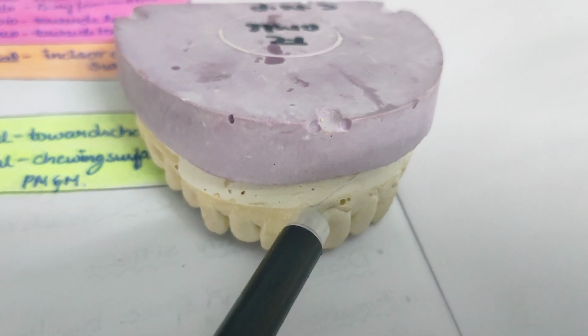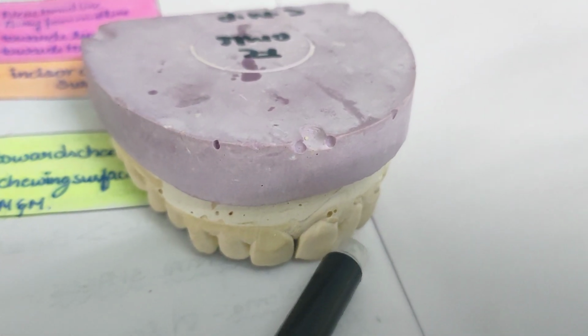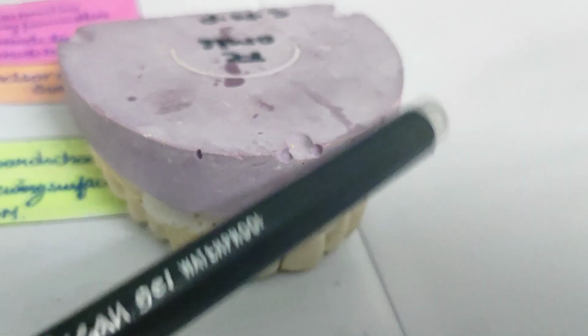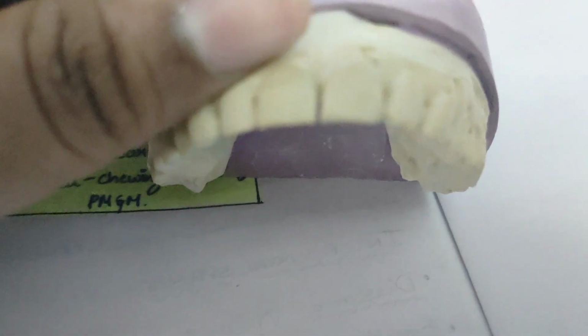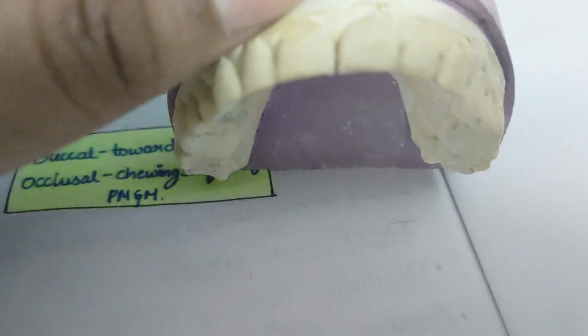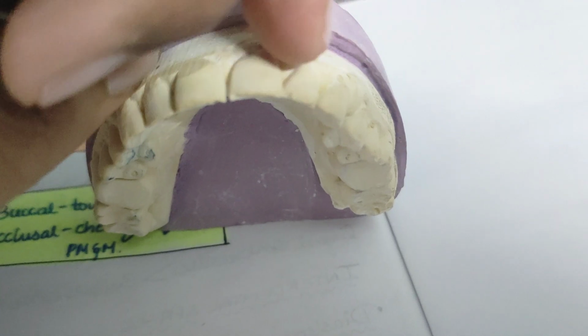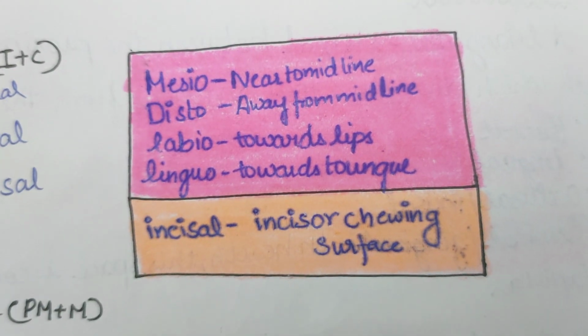So mesiolabial, we got an angle here. This is known as a line angle. And one more thing we'll take, distolabial. Distolabial is away from the midline. So if this is the mesiolabial, this is the distolabial of this lateral incisor.